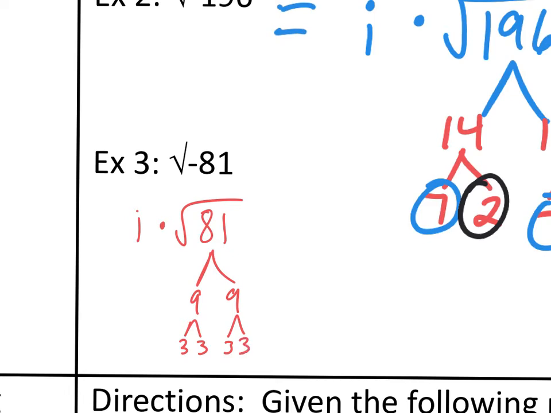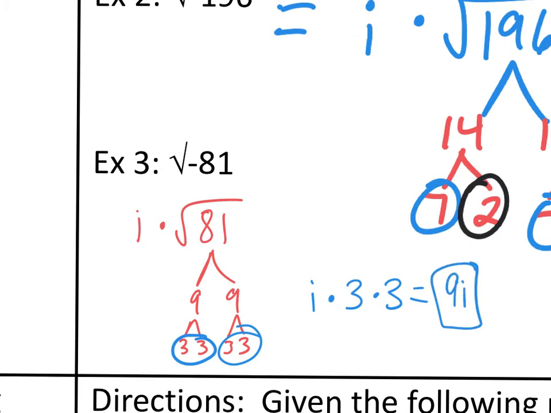What's my group size? 2, right? So I need to know how many groups of the same number I have. So it's going to end up being i times I've got one group of 3. I've got another group of 3. What does that give me? 9i.